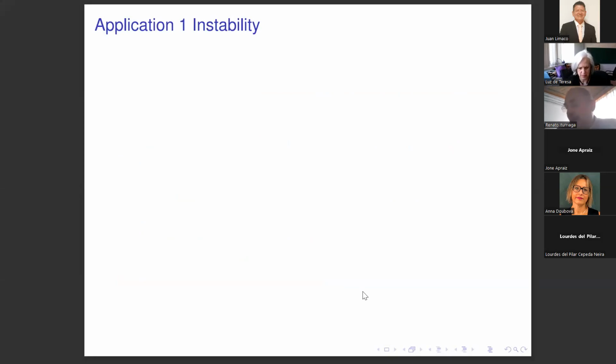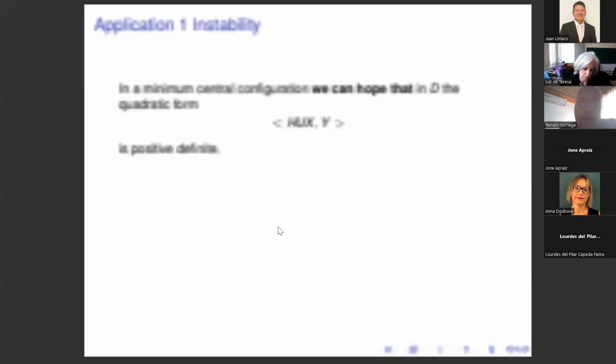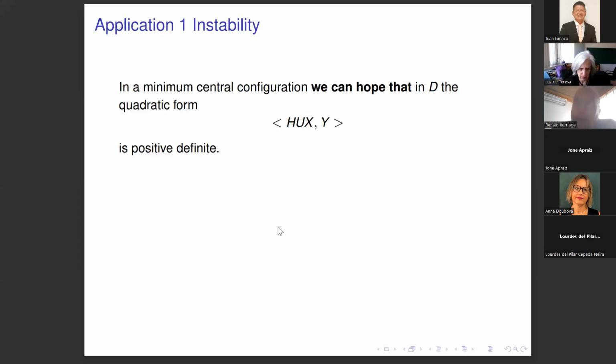So application number one is the instability. Have in mind the following central configuration.